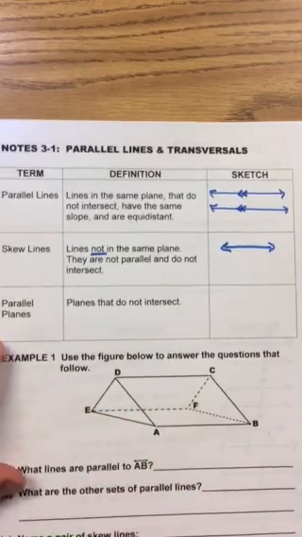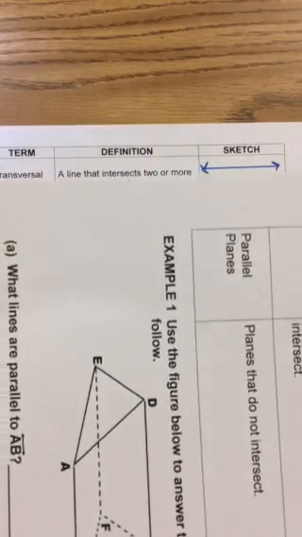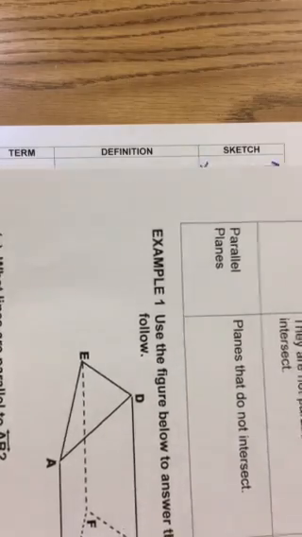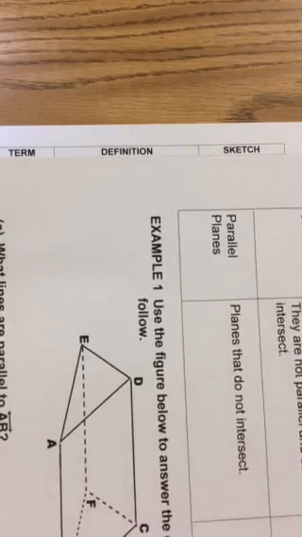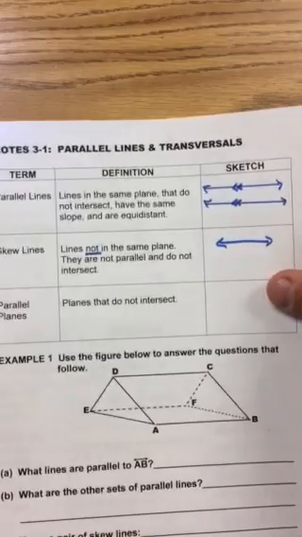Know that parallel planes is the same type of concept. So when I talk about parallel planes, that would be like me picking up this piece of paper, and now I'm holding two sheets of paper. One sets on the desk and one I'm holding just above it and it's floating above it. That is going to be parallel because it is still traveling in the same direction. It's still equidistant at all points, but they are not touching each other.